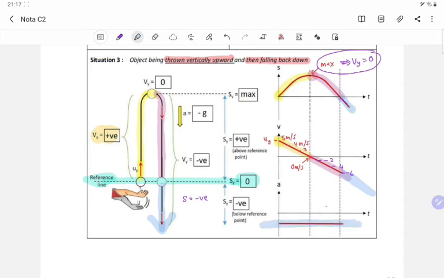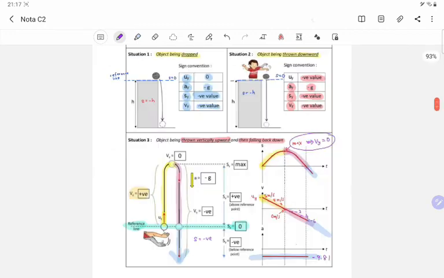Bermaksud, acceleration dia hanya dipengaruhi oleh gravitational acceleration. Sebab tu nilai dia mendatar, di mana nilai dia adalah negatif 9.81. Okay, so hopefully you can see the differences between the three situations. Bila dia dijatuhkan, bila dia dibaling ke bawah, apabila dia dibaling ke atas, dan dia jatuh ke bawah semula.